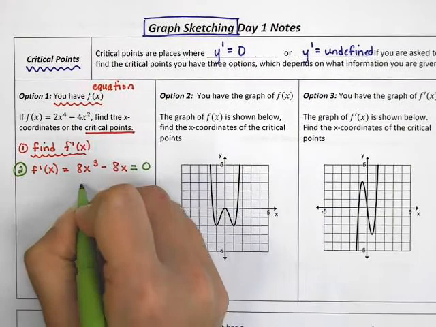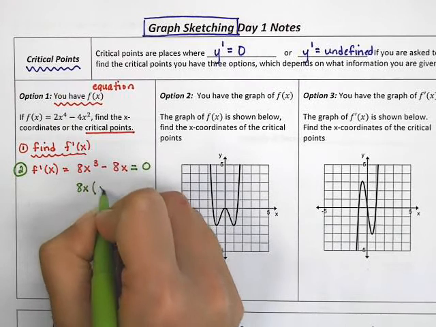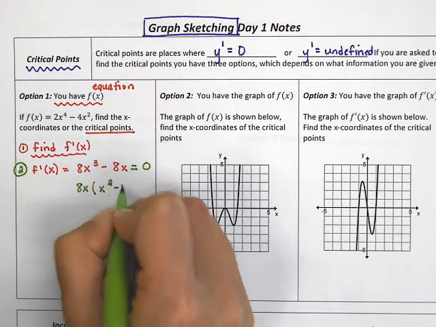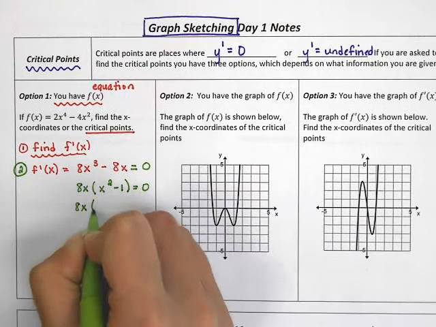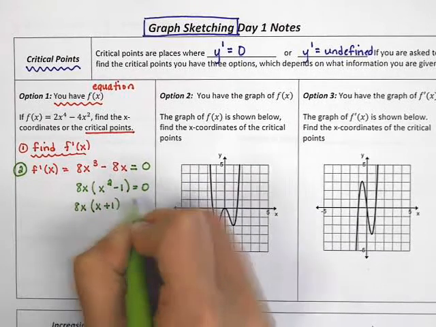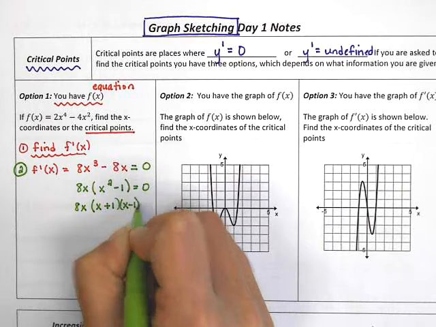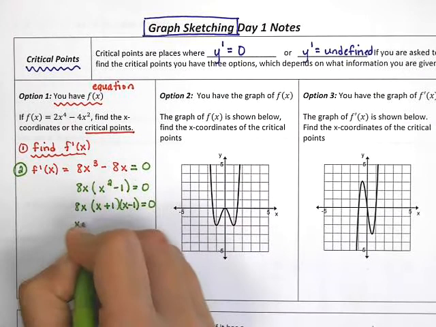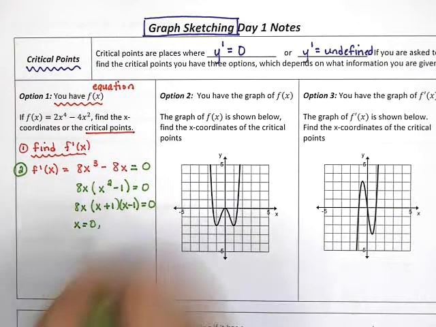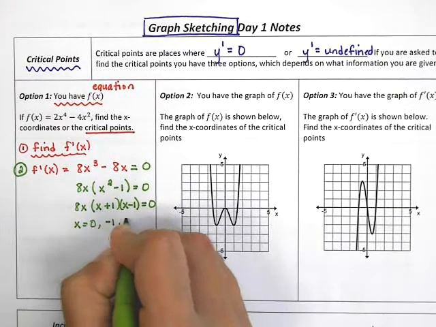To solve an equation like this, I would factor out an 8x, and so I would get x squared minus 1. Then I would continue to factor, so I would have 8x parentheses x plus 1 parentheses x minus 1 equals 0, which means I would get 3 different x values, x equals 0, negative 1, or 1.